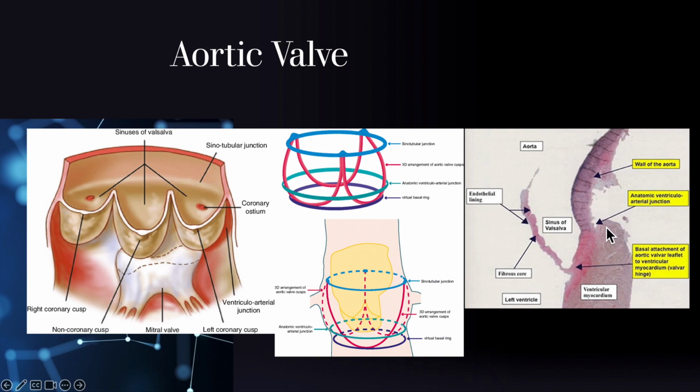This is the ventricular muscle, and this is the ventricular-arterial junction, but the valve cusps are actually attached on the ventricular side in the sinus of Valsalva, and the cusp attaches here. So this junction falls in between the tip of the valve and the base of the valve. That's how we have a virtual annular ring, and an actual annular ring, which can be different.